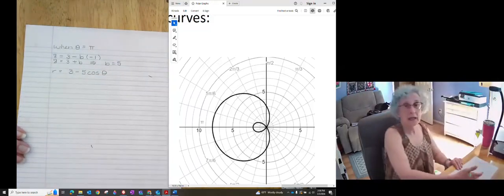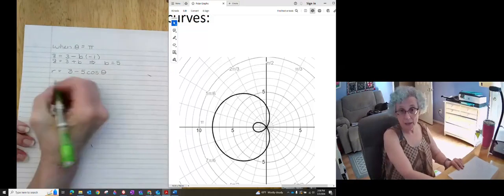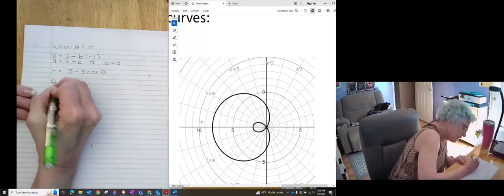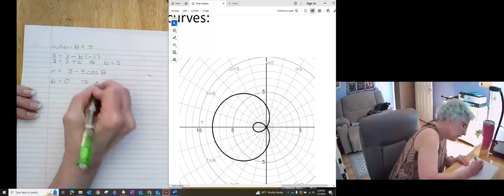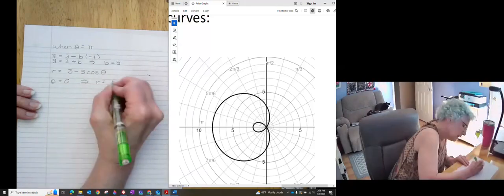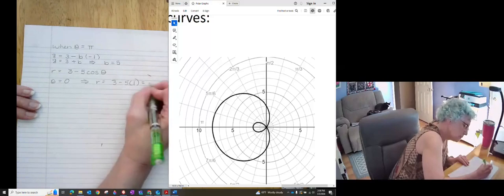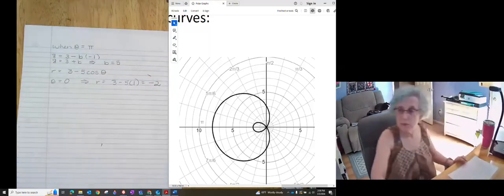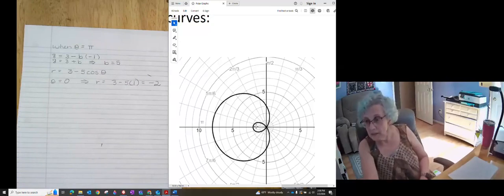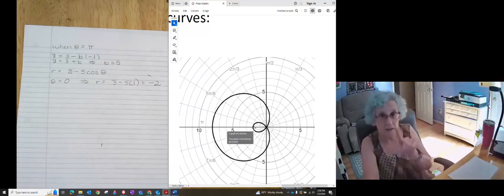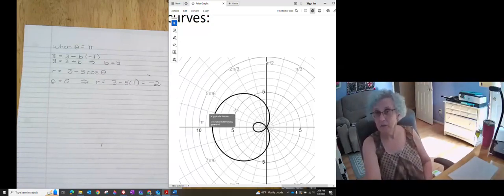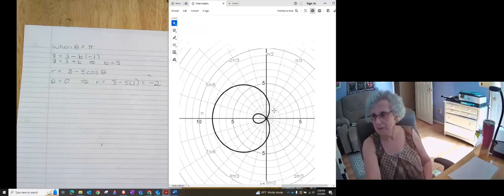And you can check because when theta equals 0, then r is equal to 3 minus 5 times 1, which is negative 2, which is this point right here. So I finally got it right once I wrote down the right numbers.